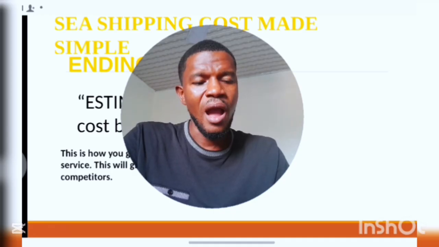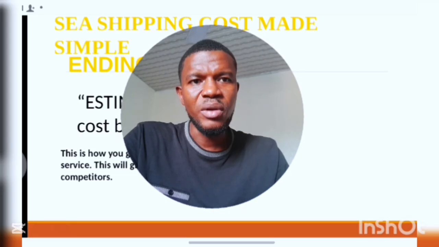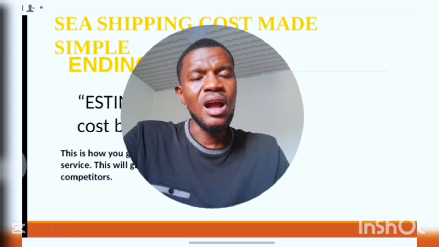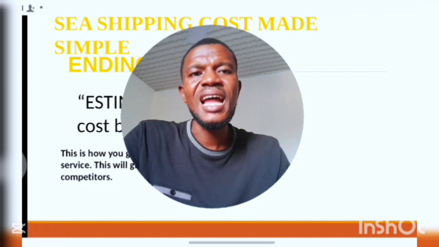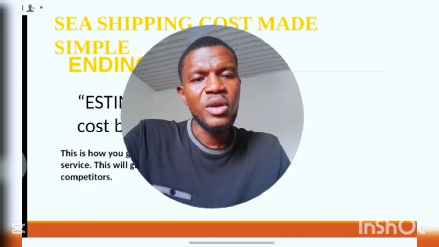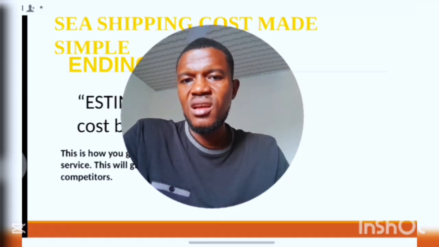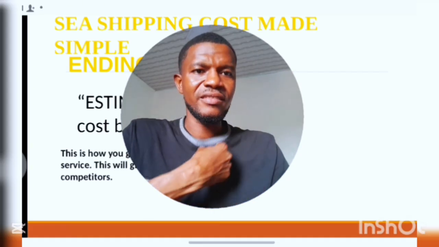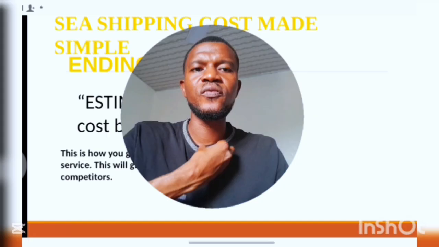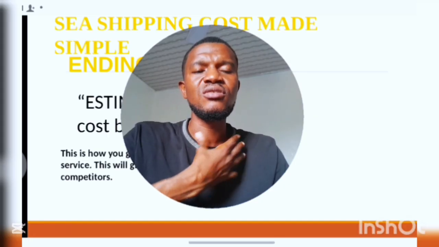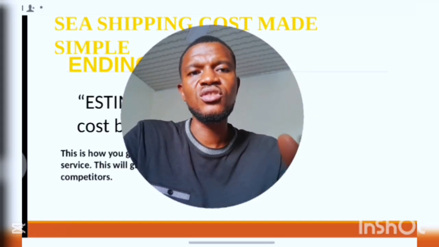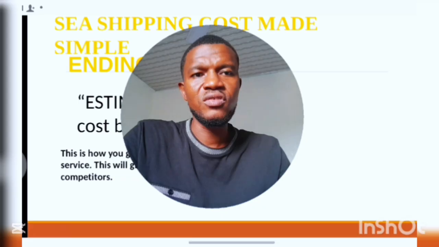For example, I know that there are certain things that it won't be up to 0.01 or 0.02. So you can always peg your calculation around that column. 0.01 for one cake, 0.01 for a shirt. Just like, for example, this shirt that I'm wearing, if you want to find out the shipping fee for this, you can just peg your calculation at 0.01 CBM and then use it for your calculation.